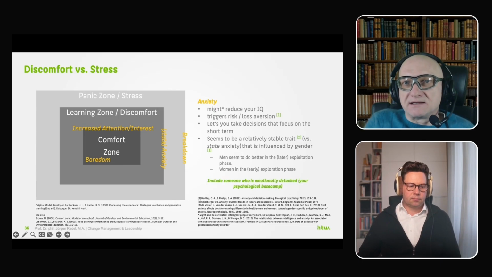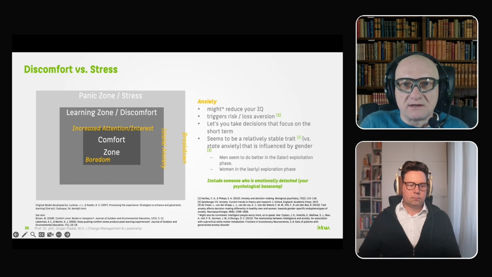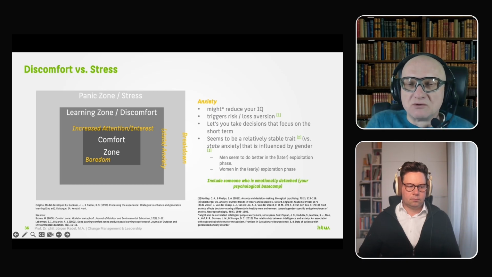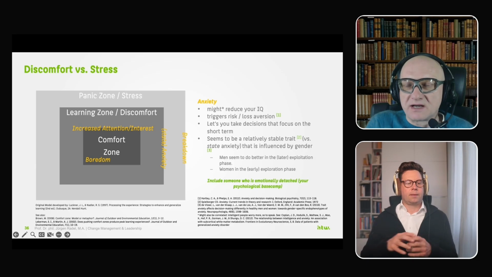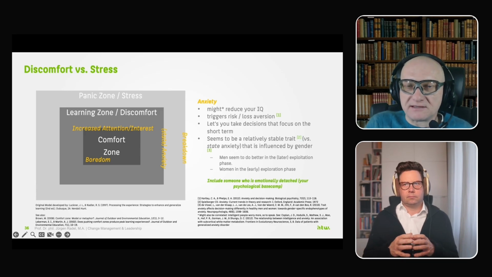And this can only be decided during the process and regarding the actual group you are working with. So there might be groups where the comfort zone model is very helpful and very necessary, and it's better to skip other things or to shorten other things.